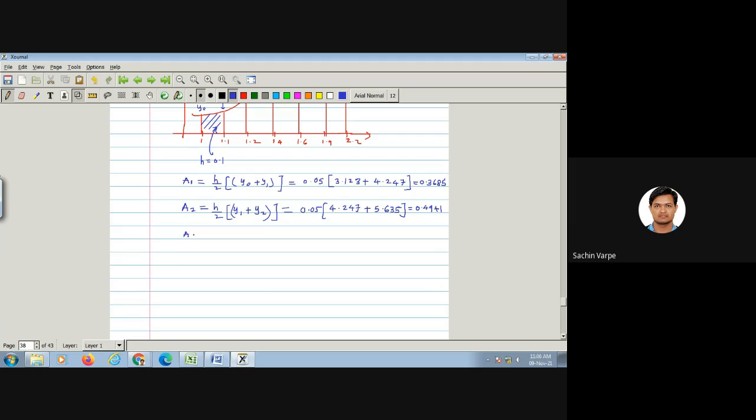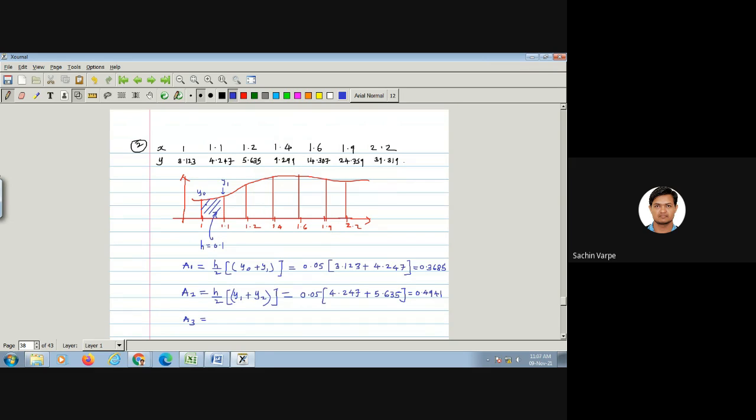In a similar manner, A3. See why I'm doing it like this. That should be clear. Why am I not using the combined formula of the trapezoidal rule for the whole interval 1 to 2.2? Is this point clear to everyone? Because what is the combined formula of the trapezoidal rule? The complete area is h by 2 times the sum of the first and last ordinate plus 2 times the remaining ordinates. That is the formula.